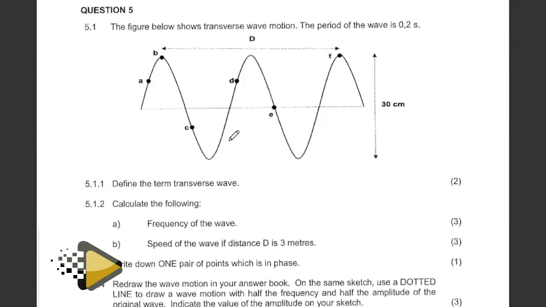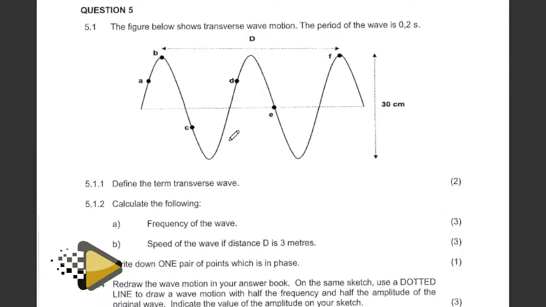Question number 5, waves. They are telling us that the figure below shows transverse wave motion. The period of the wave is 0.2. Define the term transverse wave.